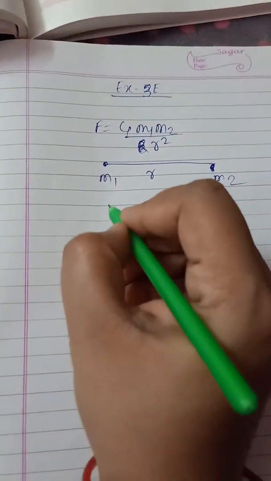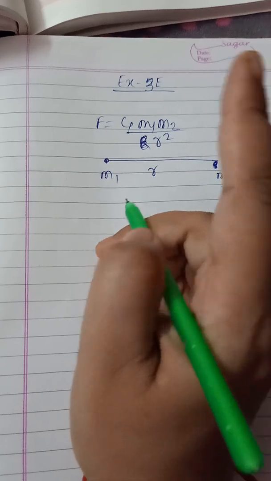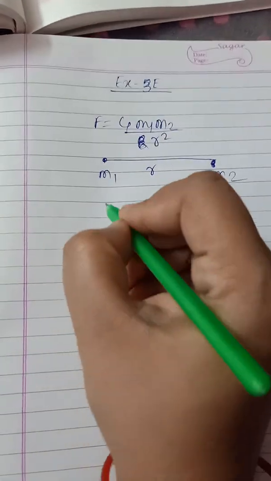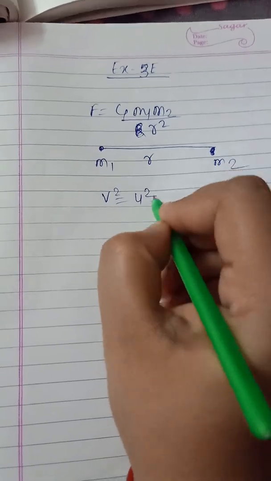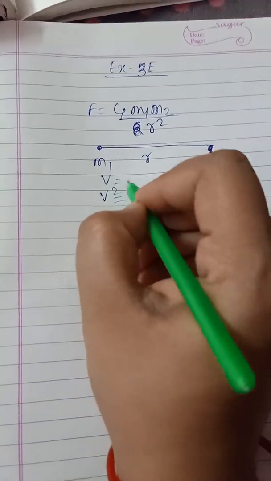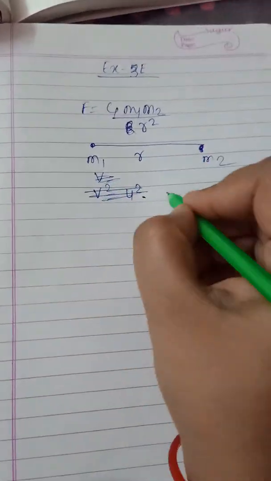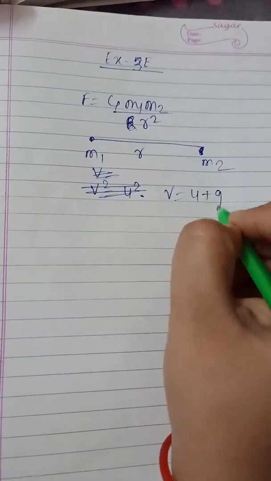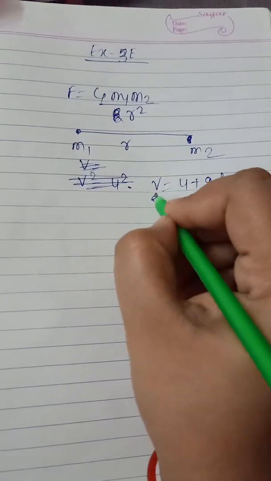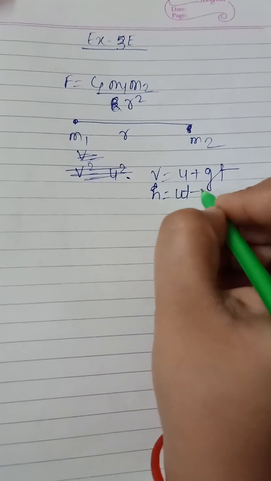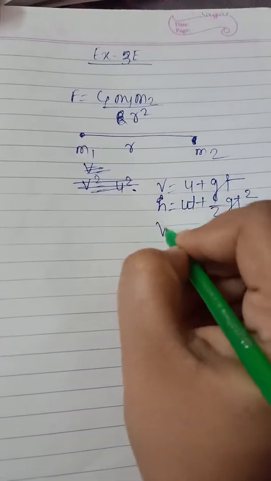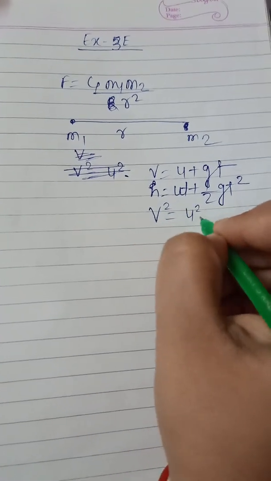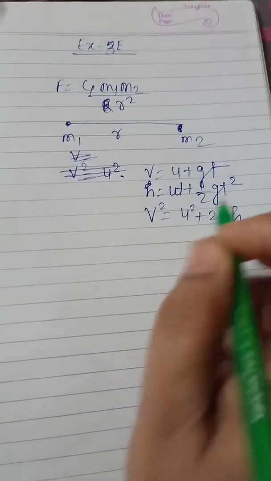Other formulas will be the same as the equations of motion of chapter 2. The first is v is equal to u plus gt, second is h is equal to ut plus half gt square, third is v square is equal to u square plus 2gh.